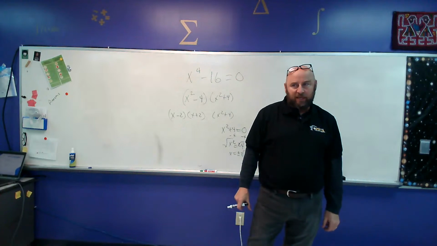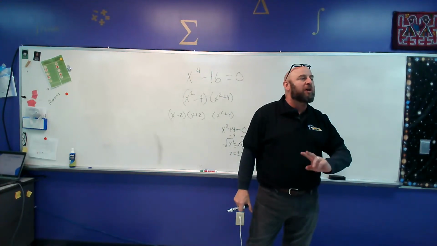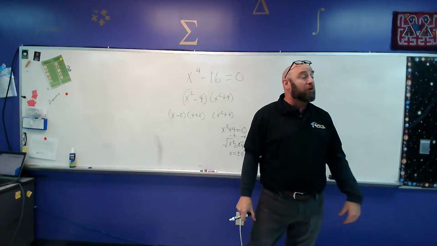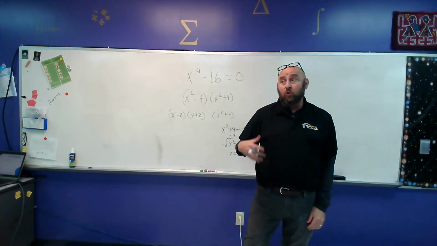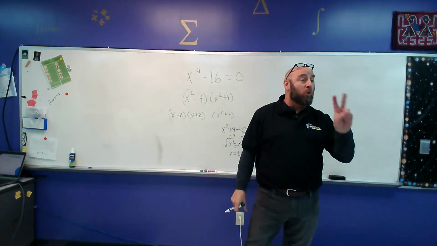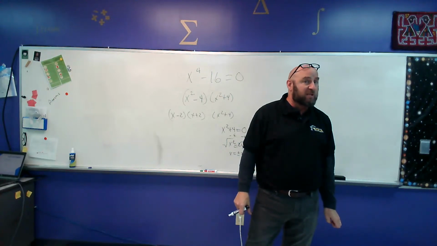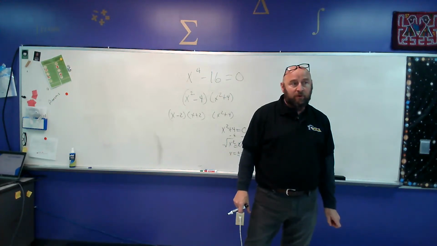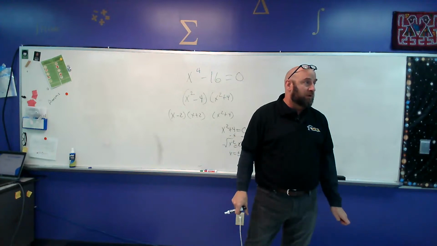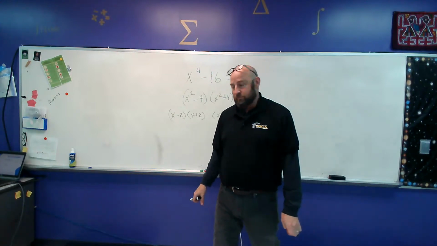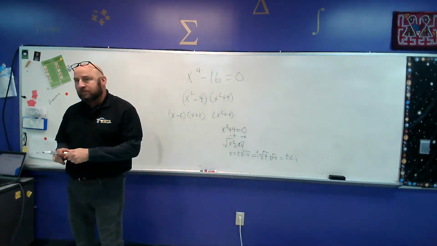If there's a complex zero, they always come in pairs. Now there could be 4 or 6 or 8, but there will always be 2. They always come in pairs. If there's any, there'll be 2. Does that make sense?